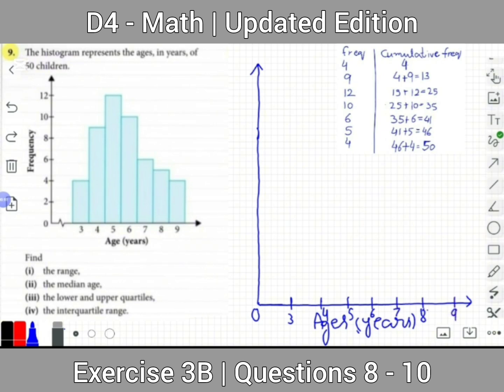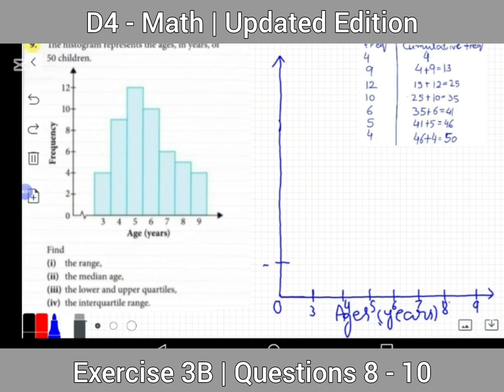Along the y-axis we have 5, 10, 15, 20, 25, 30, 35, 40, 45, and 50.